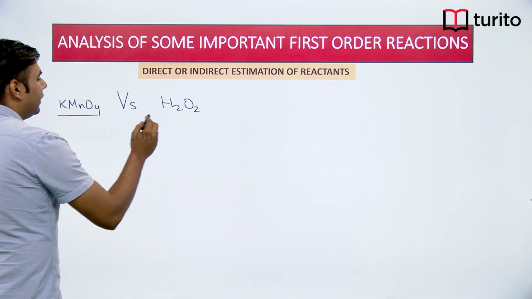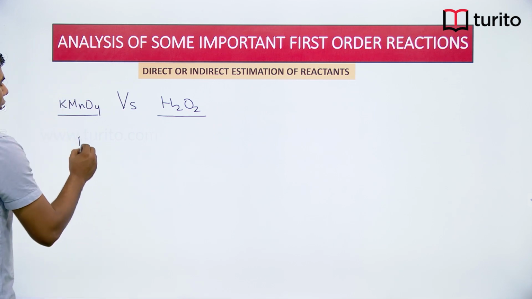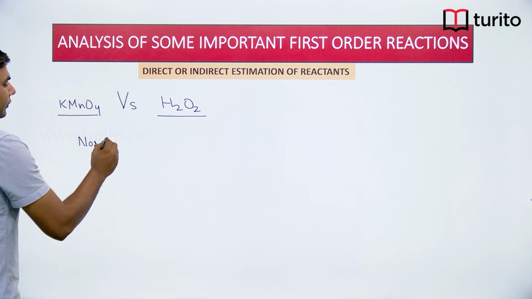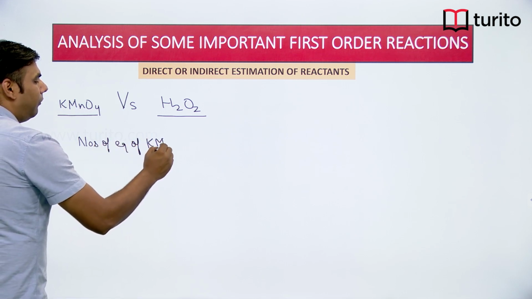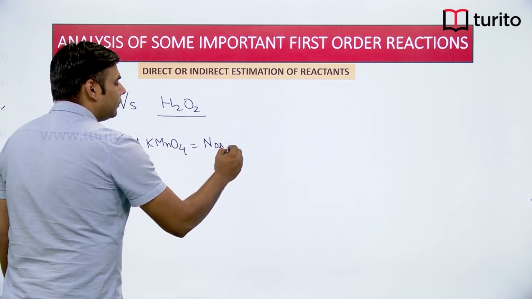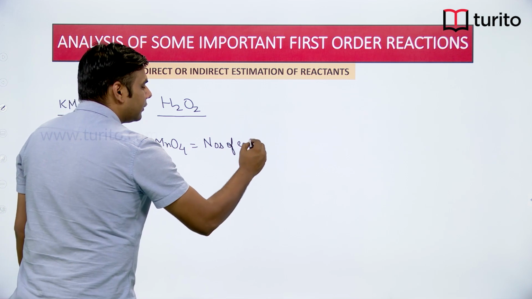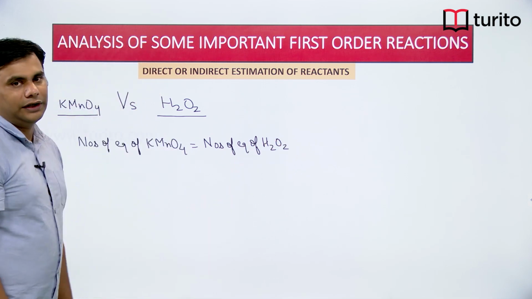Whenever we are titrating an oxidizing agent with a reducing agent, the number of equivalents of KMnO4 should be equal to the number of equivalents of H2O2. So this is the basic redox concept that we are going to use.